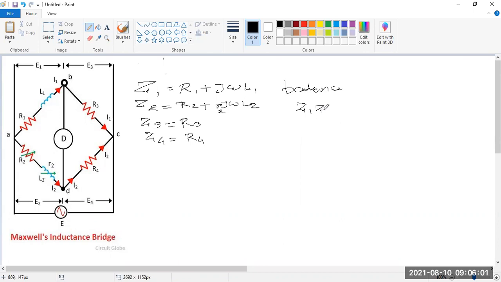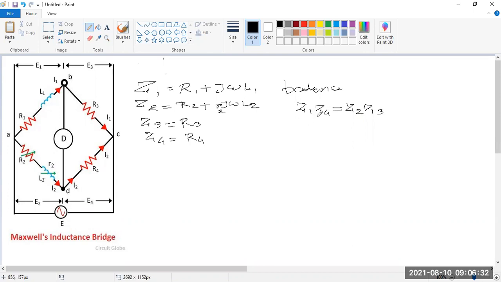So Z1 into Z4 equals Z2 into Z3. This is the cross arm multiplication, and it should be equal. So this is the condition.